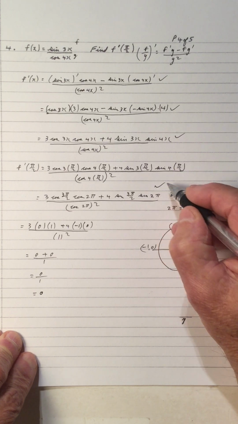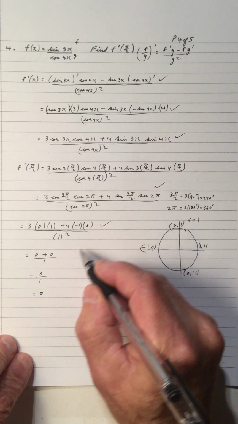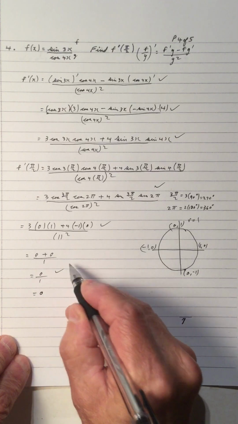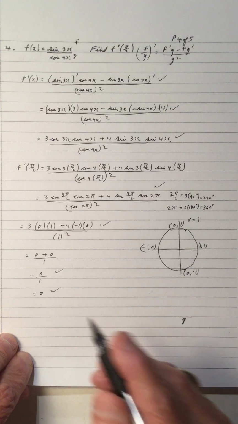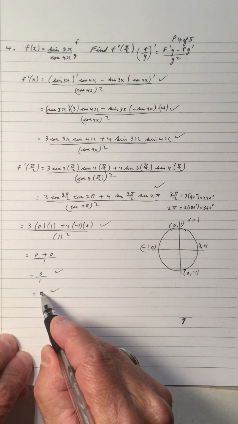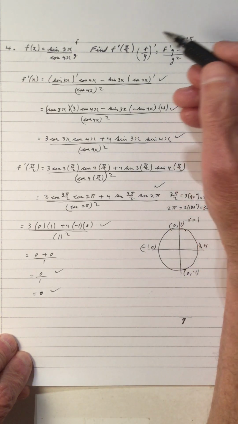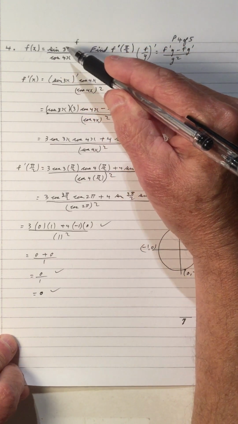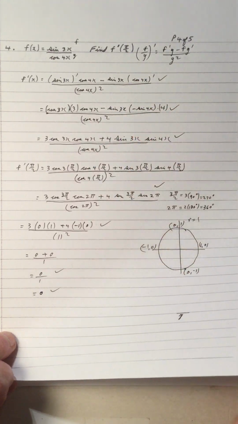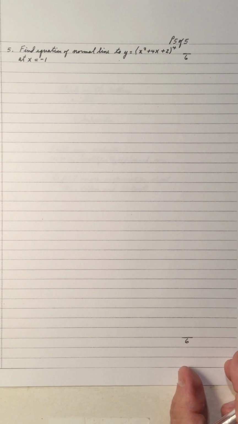We have a 4, a 5, a 6, and down to a 7. So 7 marks altogether. Again, this is a horizontal line. The slope is 0. So if I take pi over 2 and sub it in here and work it out, I'll get the point that we have a horizontal line at. You can do that yourself. I just don't want to make the video too long.